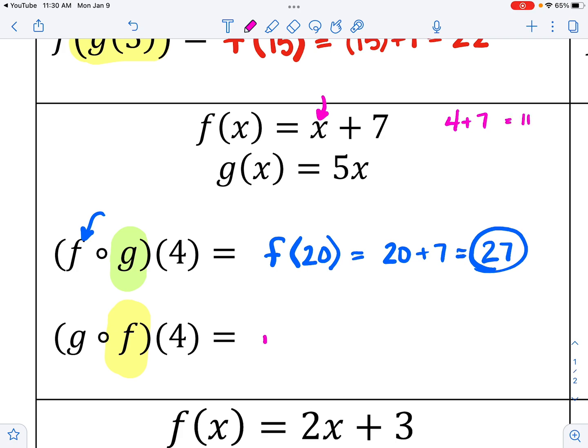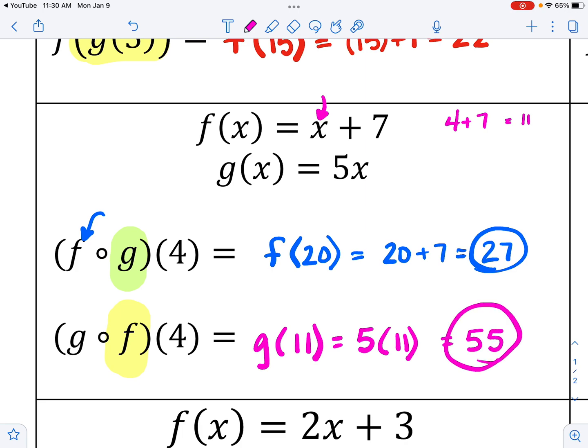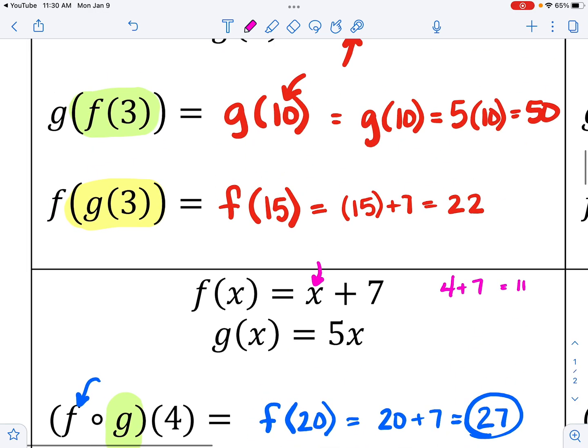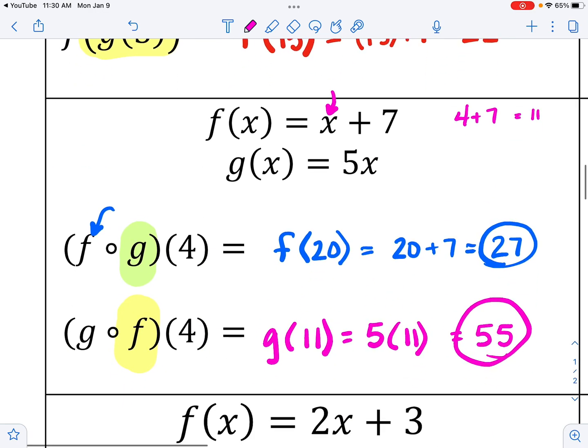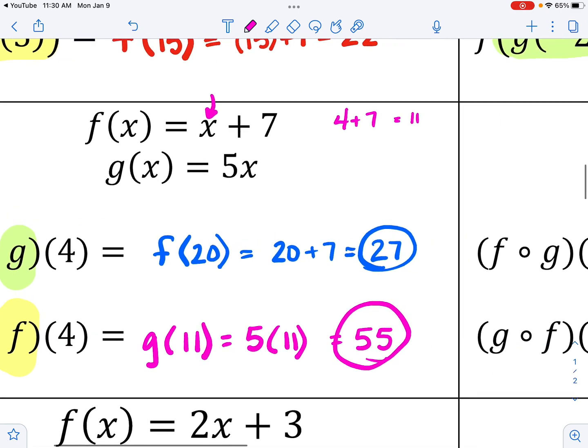So I now need to find the value of function G when I plug in 11 for X. So I have our value 5, and I plug in 11. And 11 times 5 is 55. So you can see very easily that the process of plugging into the inside first is the same. They just look a little different.